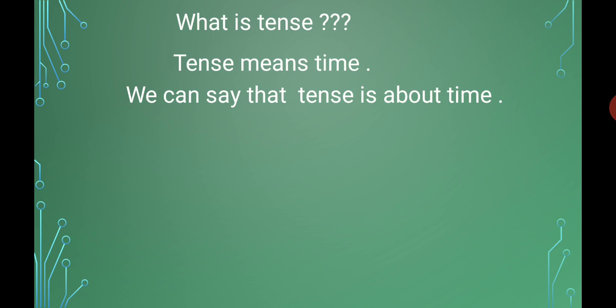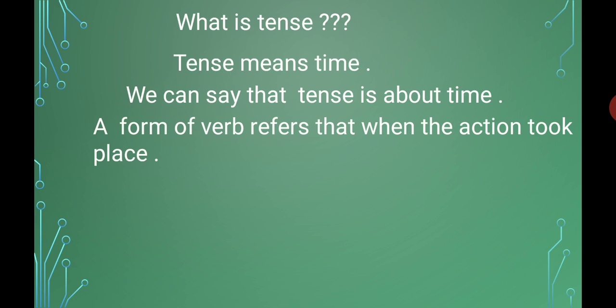How can we say that tense means time? A form of verb refers to when the action took place. We know that without a verb no sentence can be formed, right?